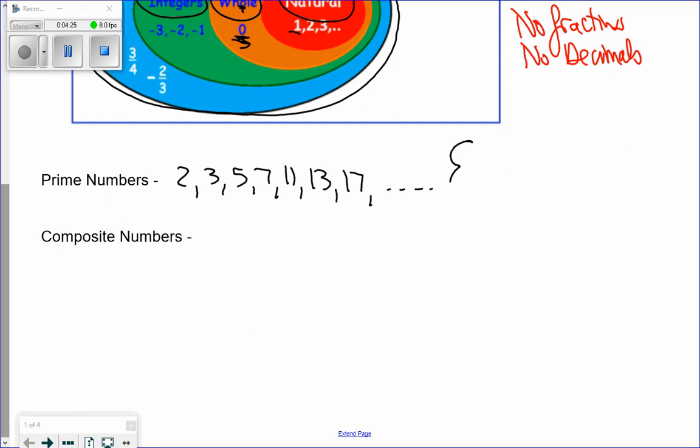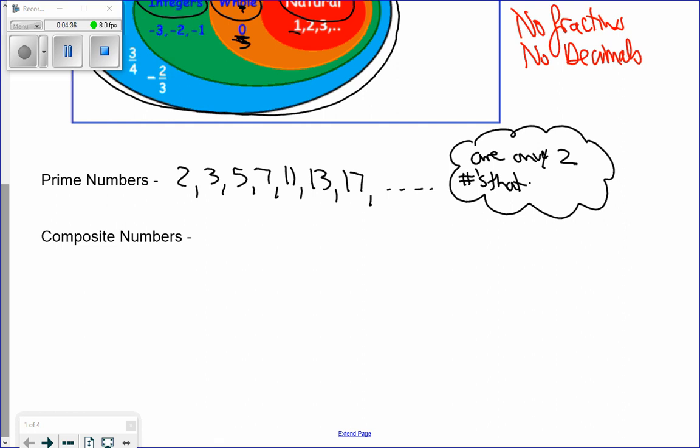What makes a number prime is that there are only 2 numbers that divide into it. So how many numbers divide into 7? 1 and 7. How many numbers divide into 13? 1 and 13. How many numbers divide into 2? 1 and 2.